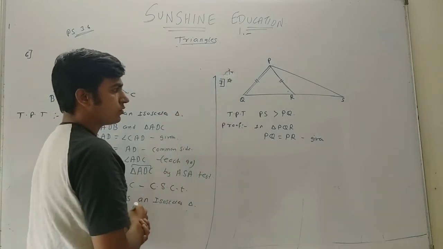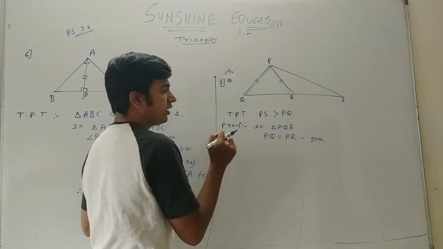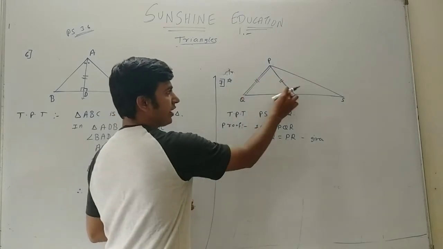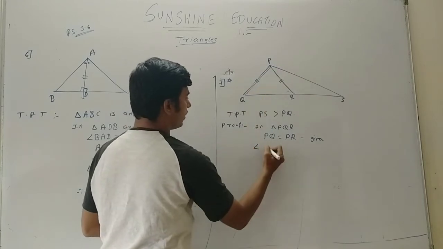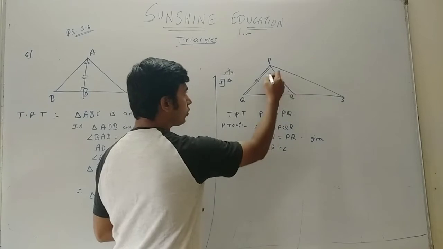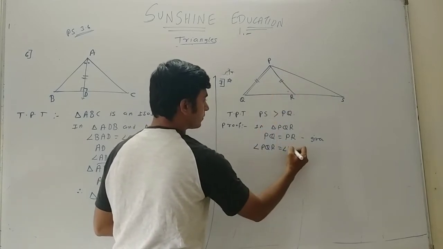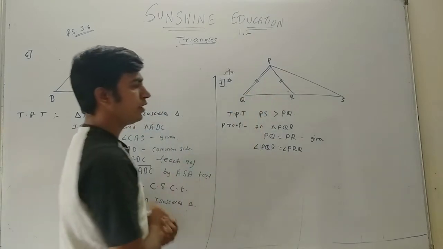So in triangle PQR, PQ is equal to PR. If two sides are equal, the base angles are the same. Therefore, angle PQR is equal to angle PRQ.